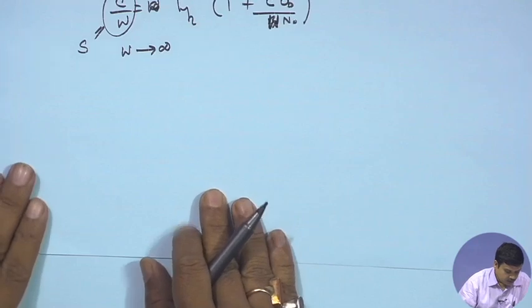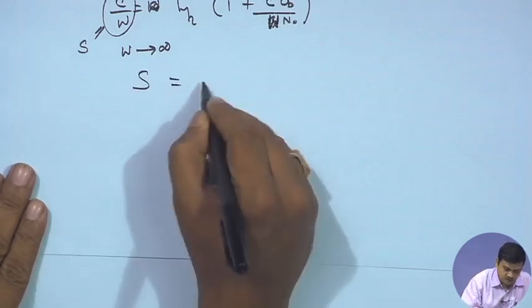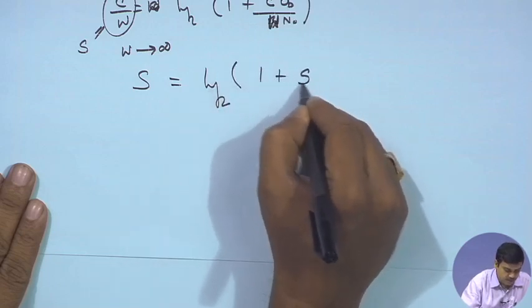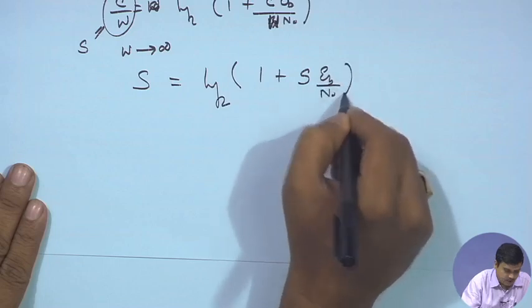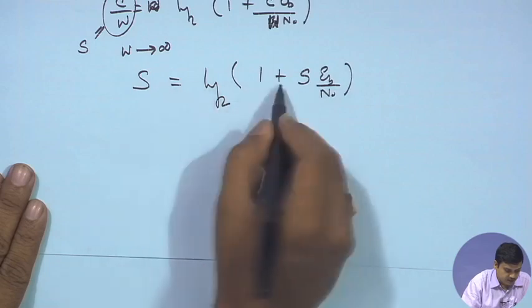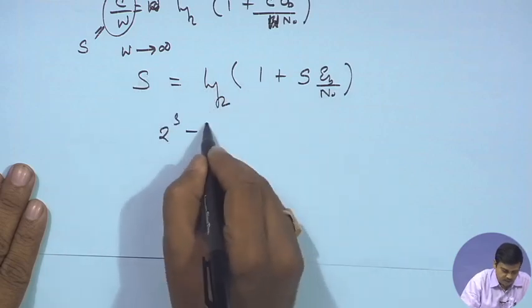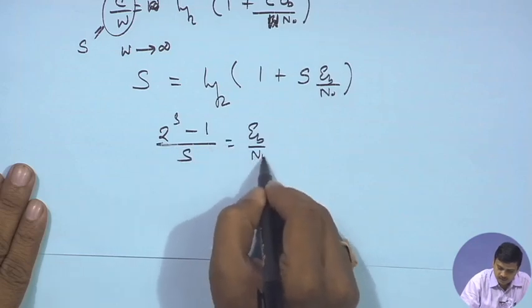So, let us look at the expression. We would write S is equal to log base 2 of 1 plus S Eb by N naught, and then from this, by change of sides, we could write 2 to the power of S minus 1 upon S is equal to Eb by N naught.